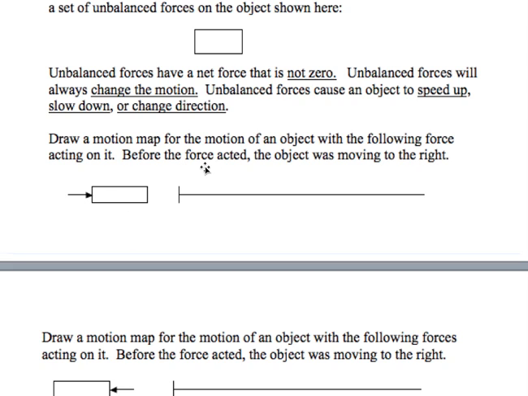Before the force acted, this object was moving to the right. So draw a force diagram to show what's going to happen to this object. What's the motion going to be if it is moving to the right and being pushed to the right?